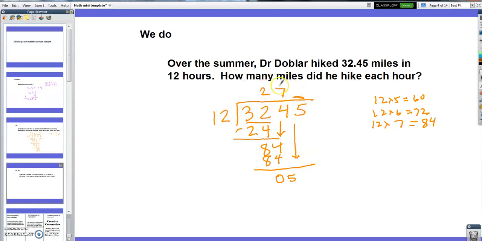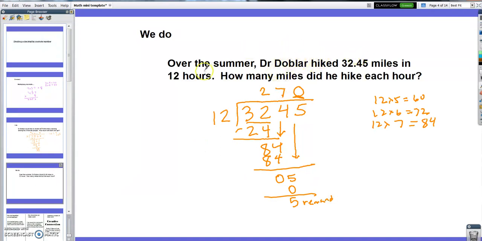I've got to complete the job. So even if it's a 0, that counts. But I've still got to finish the division by saying 12 times 0 is 0. And I'm going to have a remainder now of 5. Now, as far as this decimal business goes, for now, we're not going to worry about the remainder. We'll come back to that another day. We're going to just stop when we get to our remainder and figure out where our decimal should go.